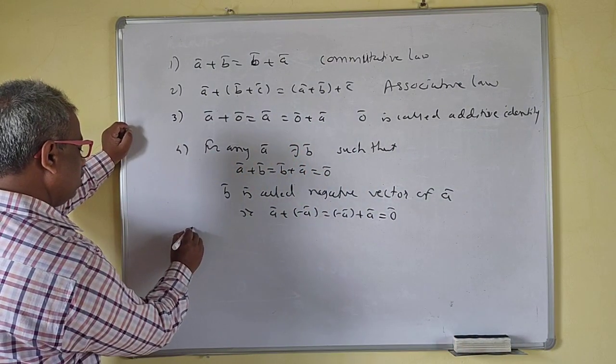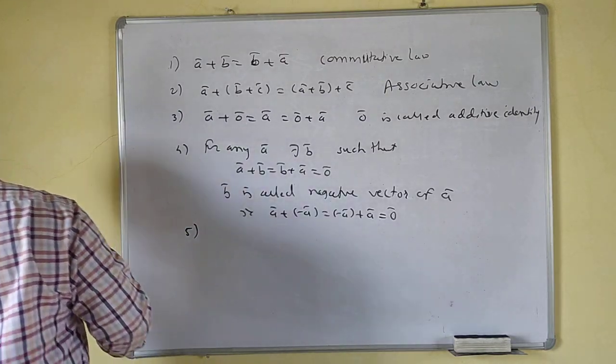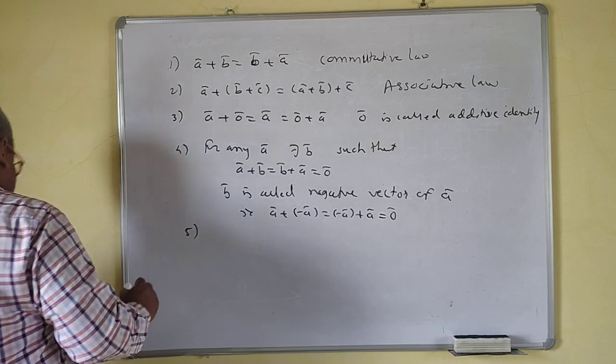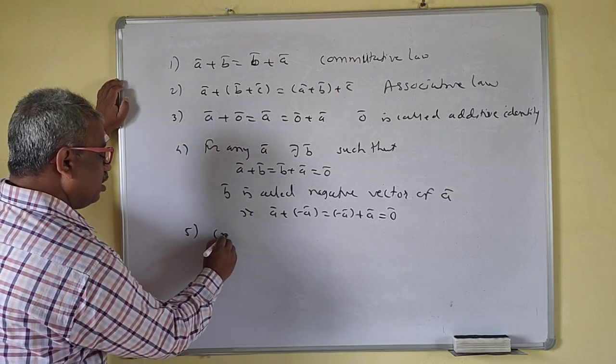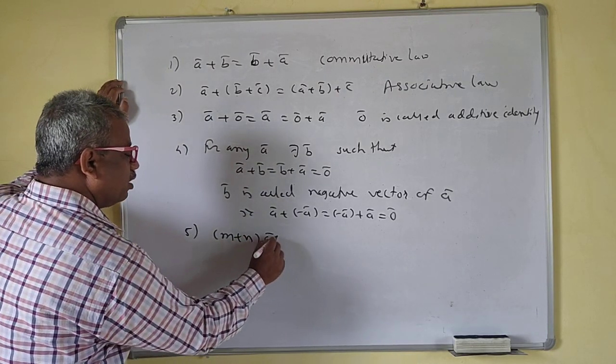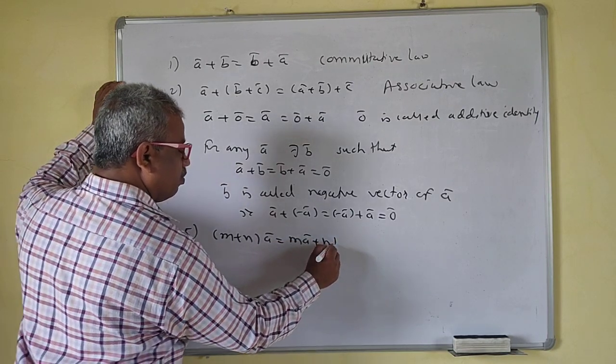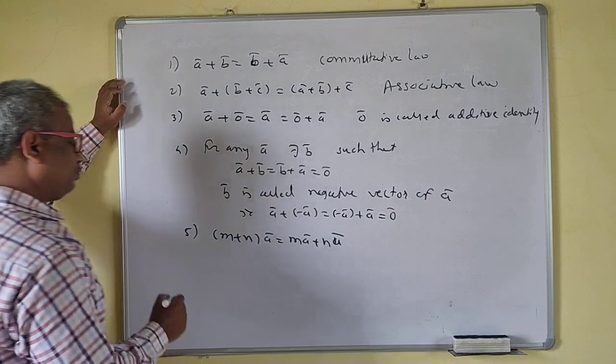Okay. Now fifth one. For scalar multiplication, (m plus n) A bar is the same as m A bar plus n A bar. Right?